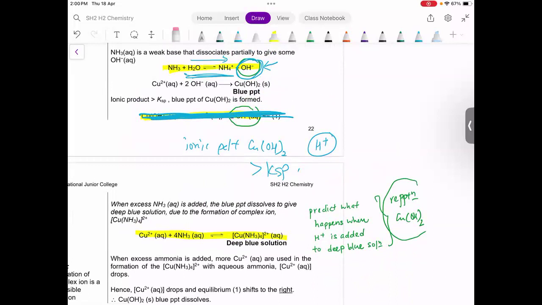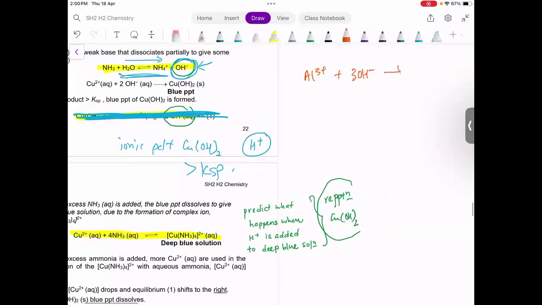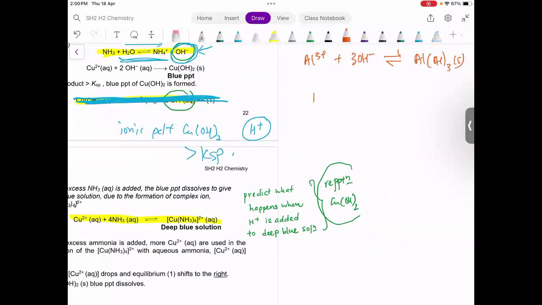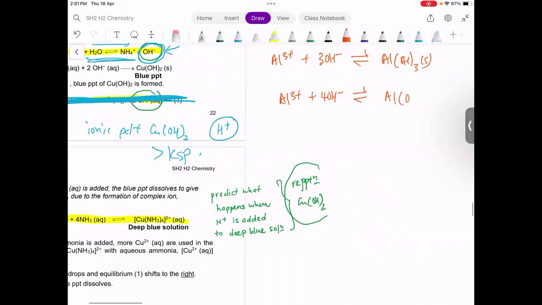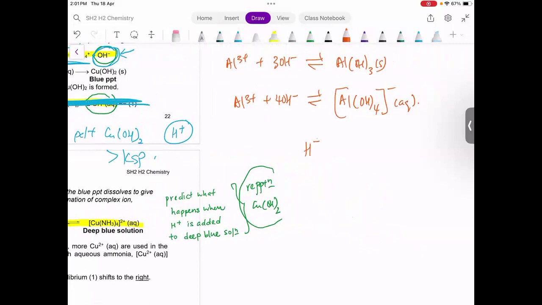Can any questions to clarify for this part? Okay, so do you need me to do further explanation?